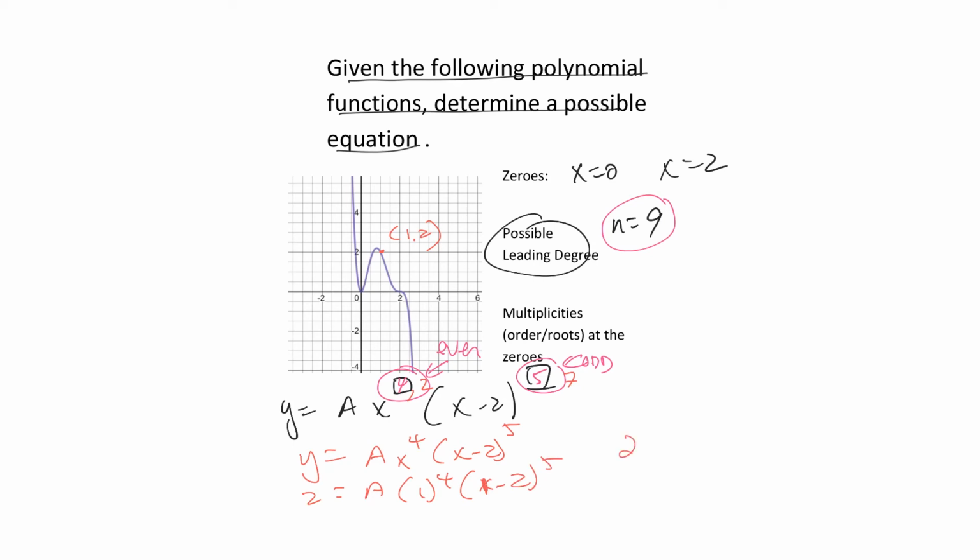In this case, it's going to be -2. So in other words, a possible equation, when you write this on a quiz or assessment, make sure you actually answer the question by writing the possible equation, in this case, -2 x to the power of 4 times (x minus 2) to the power of 5.